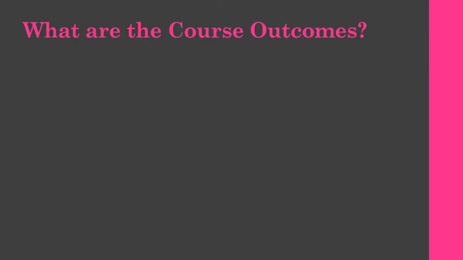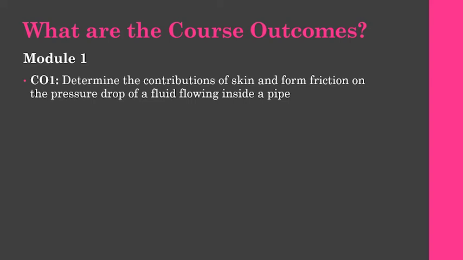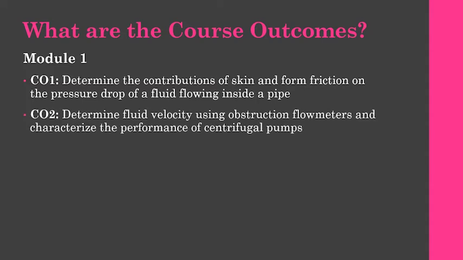Next, let us discuss the course outcomes for this course. For the first module, course outcome 1 is to determine the contributions of skin and form friction on the pressure drop of a fluid flowing inside a pipe. Course outcome 2, determine the fluid velocity using obstruction flow meters and characterize the performance of centrifugal pumps.